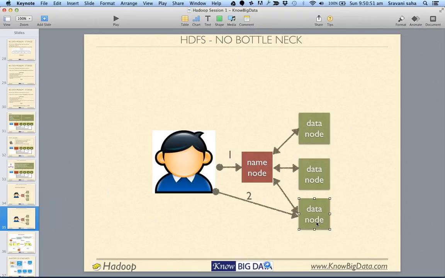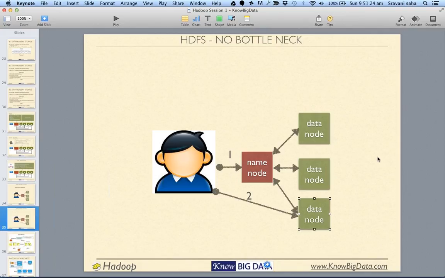That is the idea behind the name node. So the name node tries to keep itself absolutely free. It keeps on redirecting rather than passing the data through itself, because there will be multiple blocks. If one user came to the name node and the name node got busy serving the data, another user will come and ask for data, and the name node will become the bottleneck.